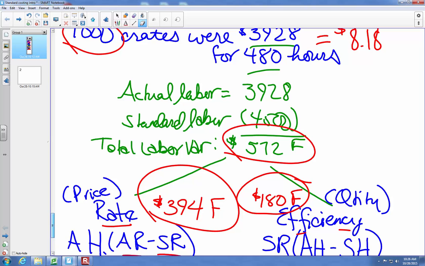You cannot make that check with the materials variance unless what? Sherry? Your two variances for materials are not going to tally to the total unless what? Unless you purchased and used the same quantity.